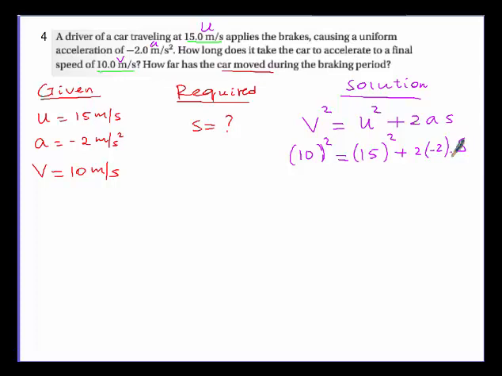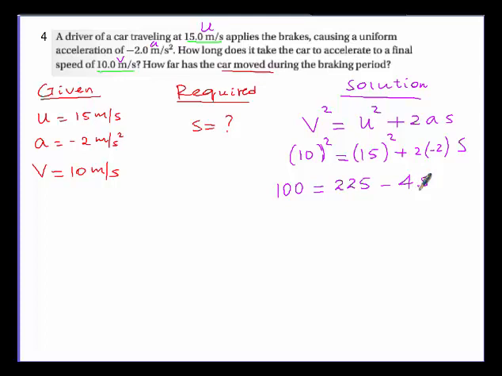So 10 square is 100. This 100 is equal to 15 square, which is 15 times 15, which is 225. You can multiply 15 by 15 using a calculator, then you will get 225 positive, and then 2 times negative 2 is negative 4s.